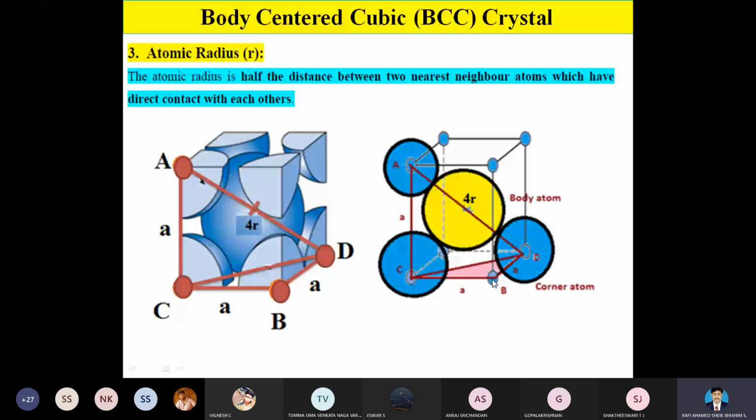These corner atoms are interconnected with this body-centered atom. We know the condition for the atomic radius: half of the distance between two neighboring atoms which have a direct contact with each other. So to measure the atomic radius, the structure is shown here. If you have any doubt from this structure, you can ask it. Otherwise, you can go further.